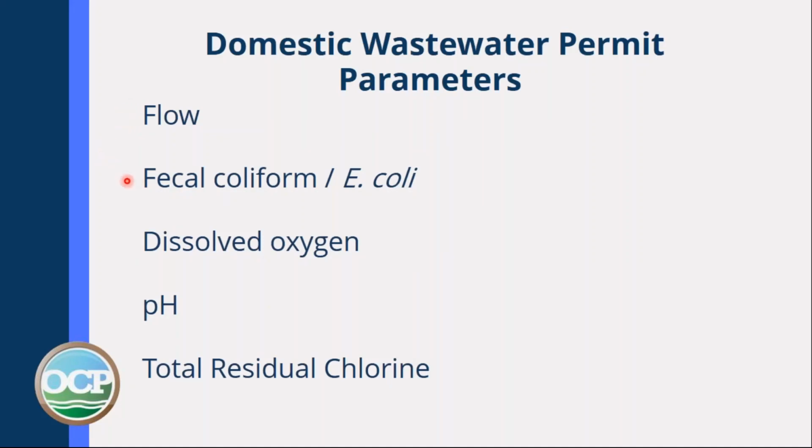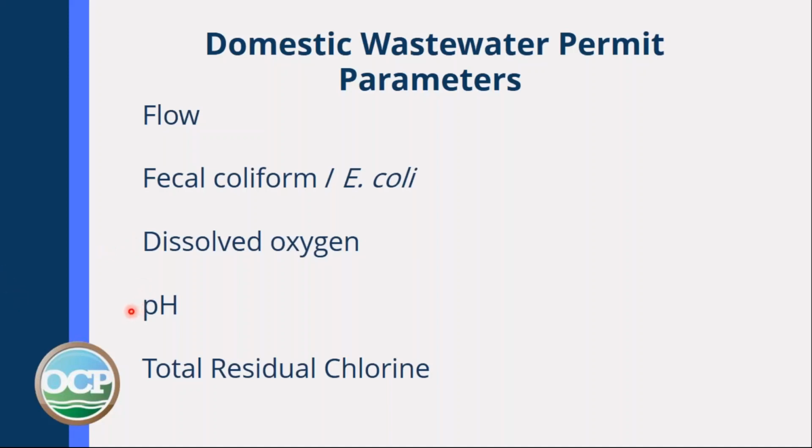Because it's wastewater, we are really going to look for fecal coliforms as indicator species and E. coli to make sure that there is no potential for disease, and then other things such as dissolved oxygen, so we know that there's enough oxygen in the water to treat the wastewater, or there's enough oxygen as it's discharged into the receiving waters so that the fish and plants can survive.